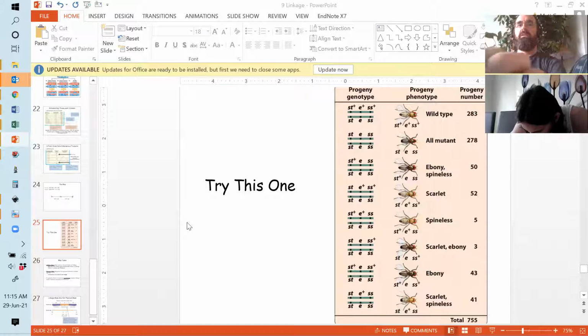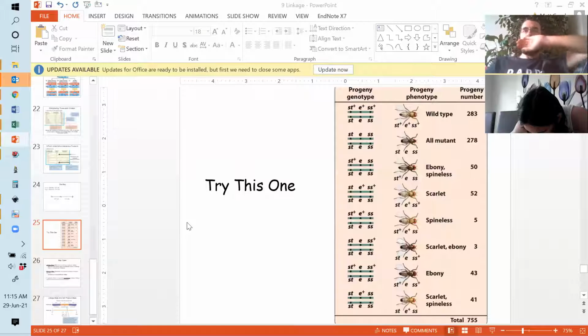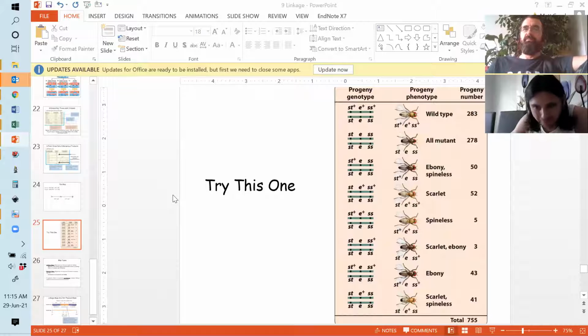So step 3, RF between ST and SS. Not SSN, I don't need social security number, I meant SS. Okay, so we've got the double recombinants already.